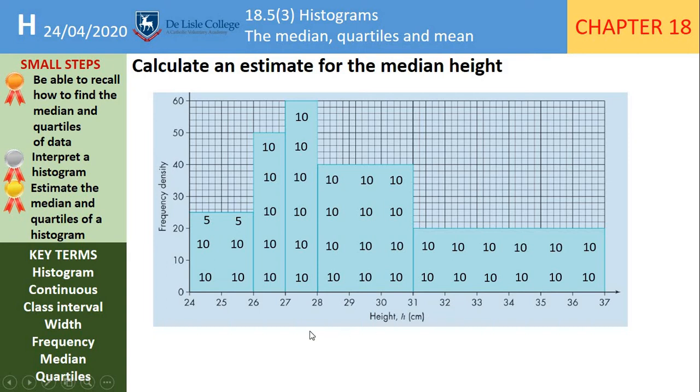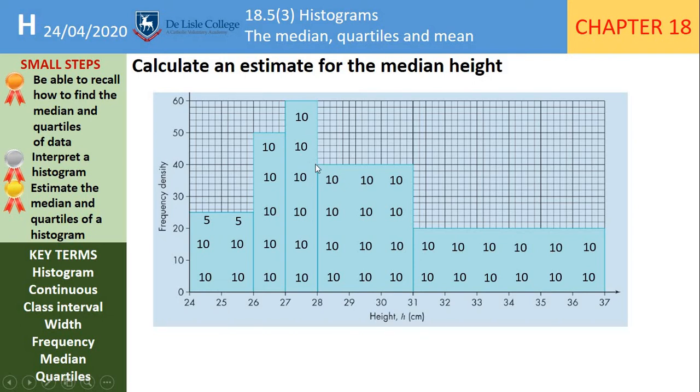Now remember the median value is the 200th value. So if I split these areas up, I want to split at 200. I've got 50 here, so 10, 20, 30, 40, 50. I've got 50 here, so 60, 70, 80, 90, 100. 60 here: 110, 120, 130, 140, 150, 160.